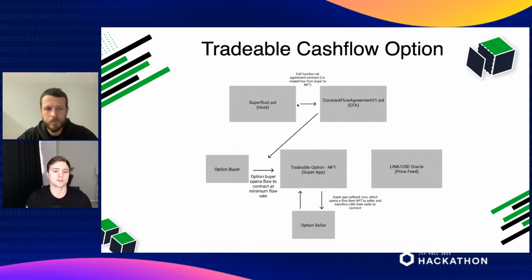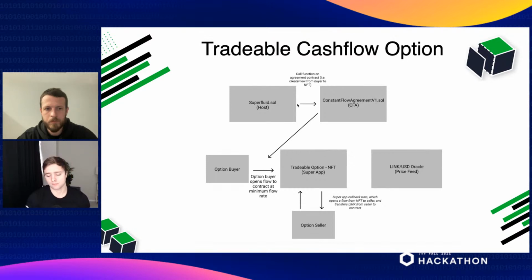So the next thing that'll happen is the option buyer, if they decide to engage in this, what they'll do is they will open up a money stream or a flow into the contract that meets the minimum flow rate. So the minimum flow rate is essentially, like I said, the option price, right? In our case, what we'll use is $100 per month.